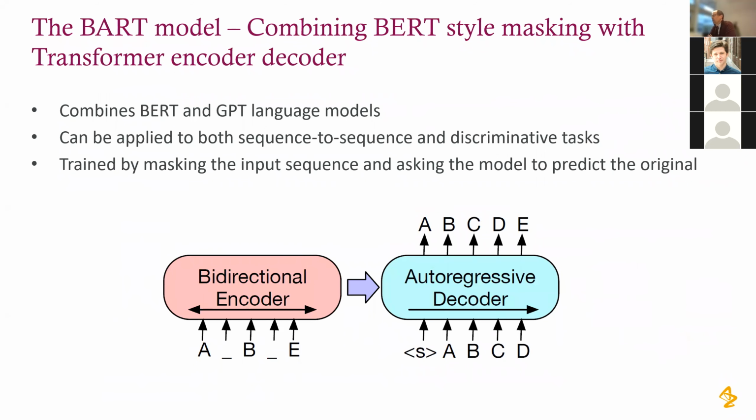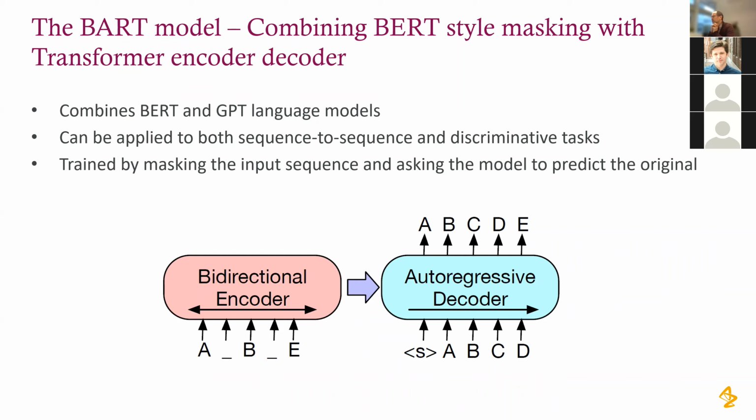One of the models we have been looking at is the BART model. It's close to BERT, but it combines the BERT masked language model with, so to speak, the GPT models. And that means we can suddenly apply this model to both sequence-to-sequence tasks, but also more discriminative tasks.